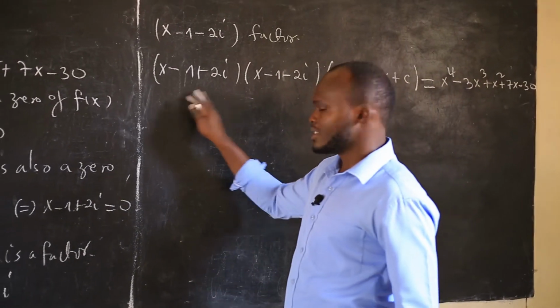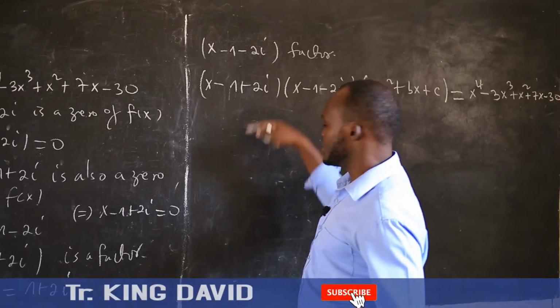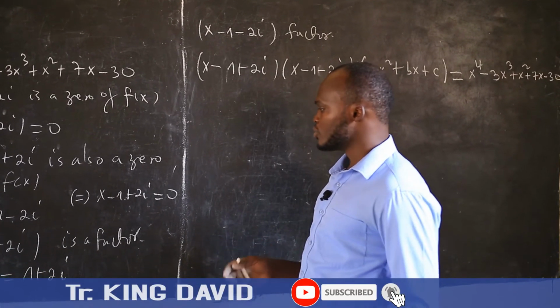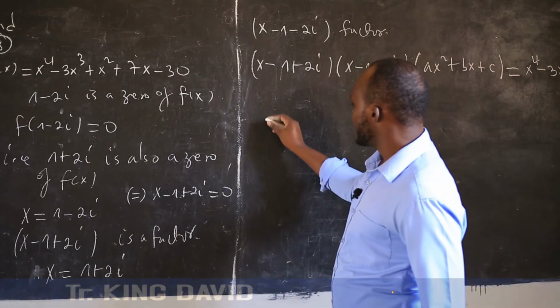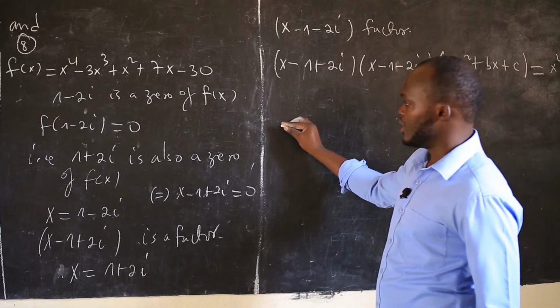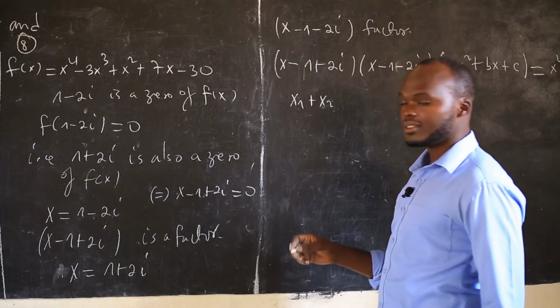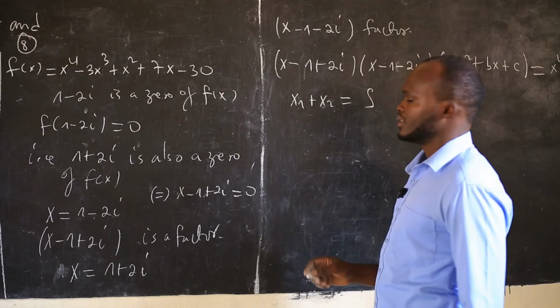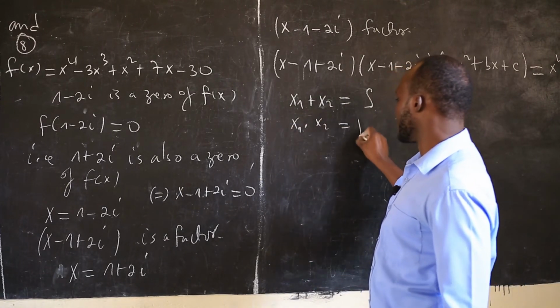So what is the expansion of that one? The expansion of only this, because we have two roots. If we take x1 plus x2 as roots, we get the sum, and if we take x1 times x2, we get the product.